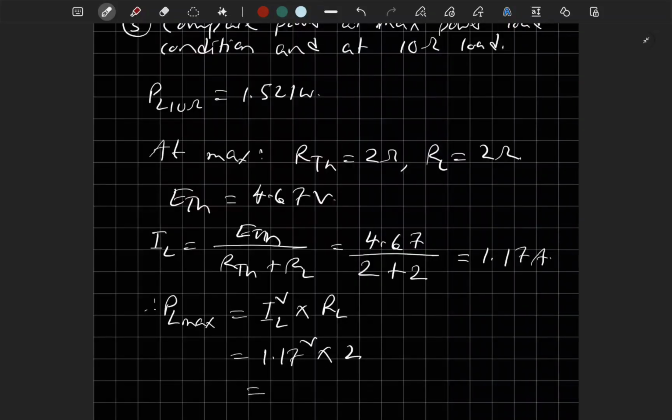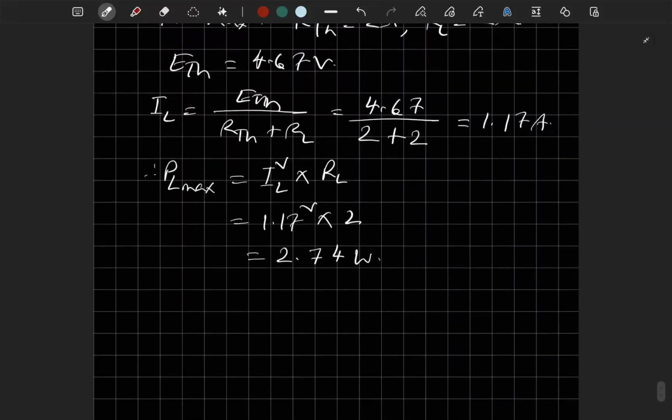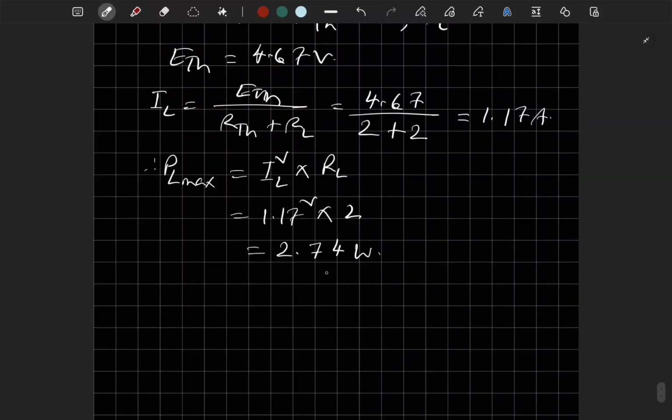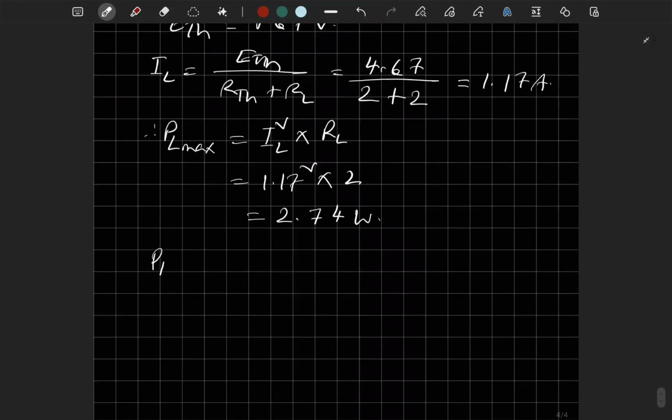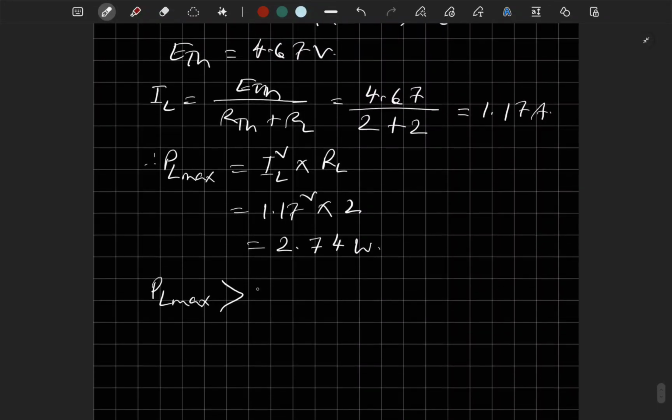So 1.17 squared multiplied by 2, that's 2.74 watts. Okay, now look, PL max is 2.74 watt and PL 10 ohm is 1.521 watt. So of course PL max is greater than PL 10 ohms.